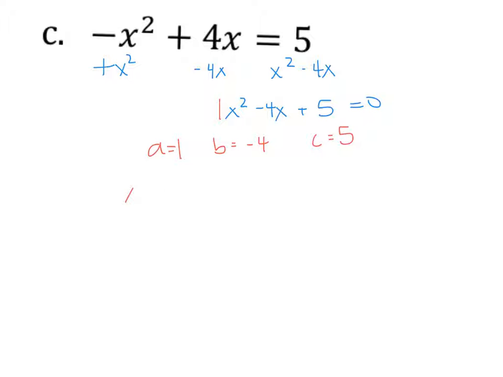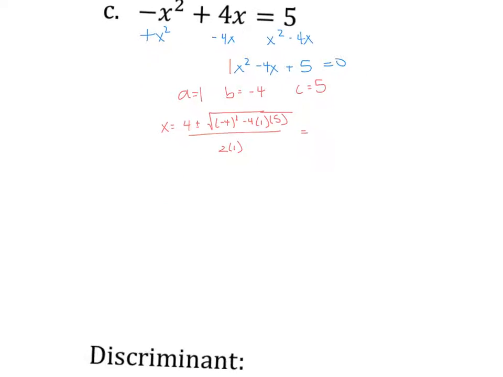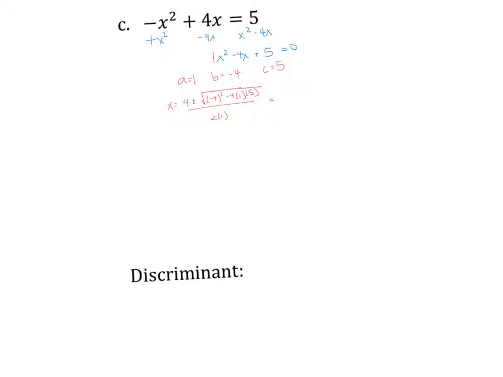All right, so x equals opposite of B plus or minus square root of B squared minus 4 times A times C all over 2 times A. So go ahead and practice typing in that discriminant. Pause it and see what you get. Okay, you should get a discriminant of negative 4.